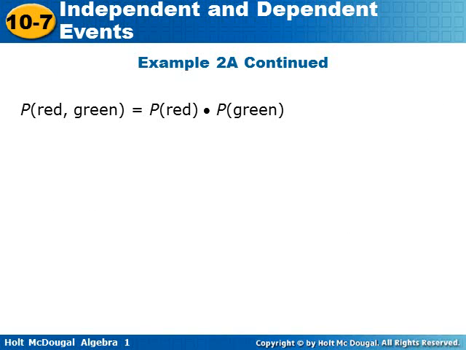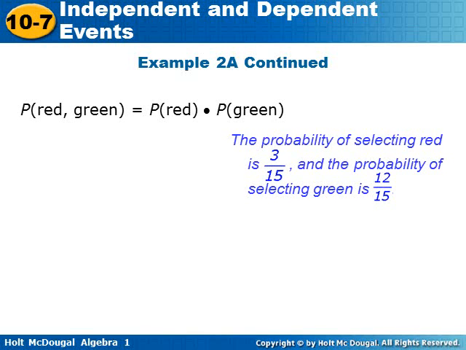The probability of drawing red and then green is the probability of red times the probability of green. So the probability of selecting a red is 3 out of the 15 marbles, and the probability of selecting a green is 12 out of the 15 marbles. So if we multiply 3/15 times 12/15, we get 1/5 when we reduce, times 4/5, which gives us 4/25.